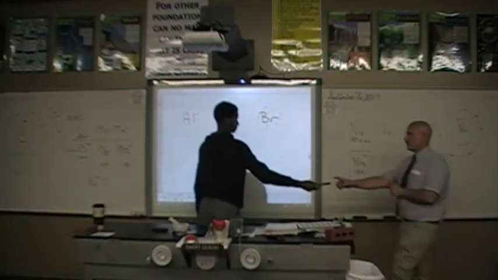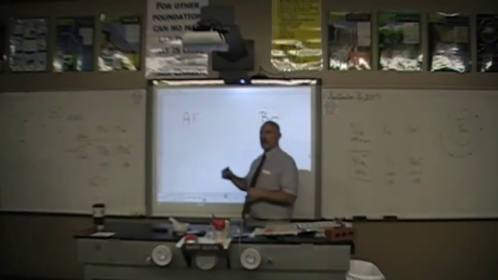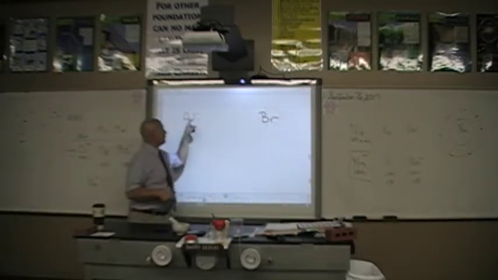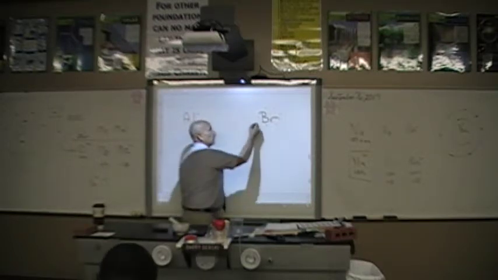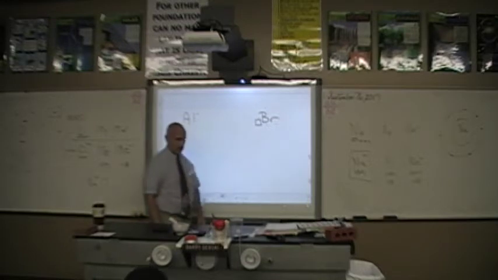Perfect. So Zach says aluminum is in group 13. It's going to have 3 electrons. Bromine is in group 17. It's going to be just like chlorine. It's missing 1 right there.